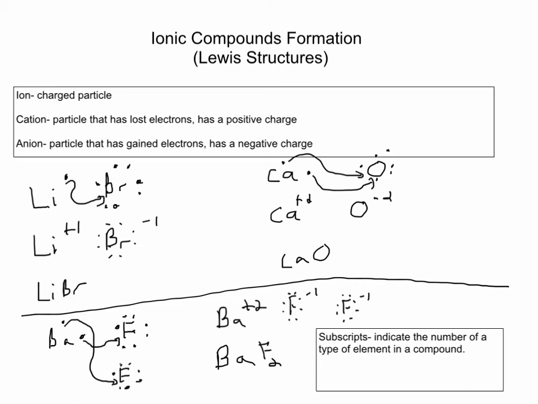So this number 2 here in the F tells us that in the compound BaF2, barium fluoride, there is 1 barium ion and there are 2 fluoride ions.